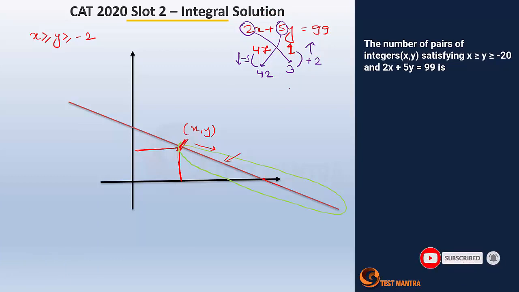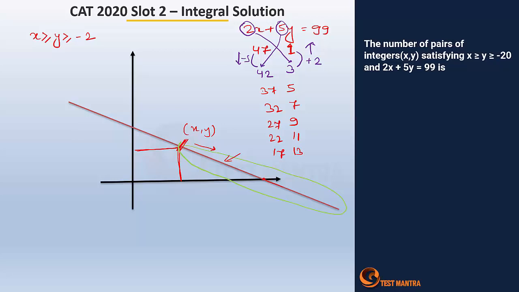Next will be 5 and 37, then 7 and 32, 9 and 27, 11 and 22, and then 13 and 17. Further I cannot take the value because after that the value of y will be greater than x.